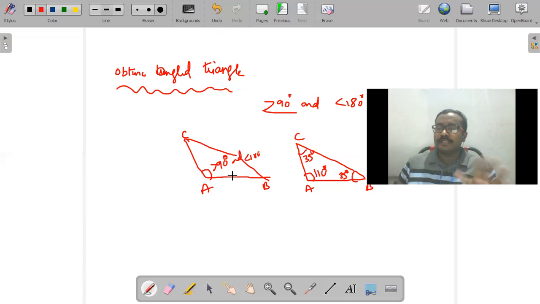So these are the classifications of triangles. I hope you understand better. Thank you.